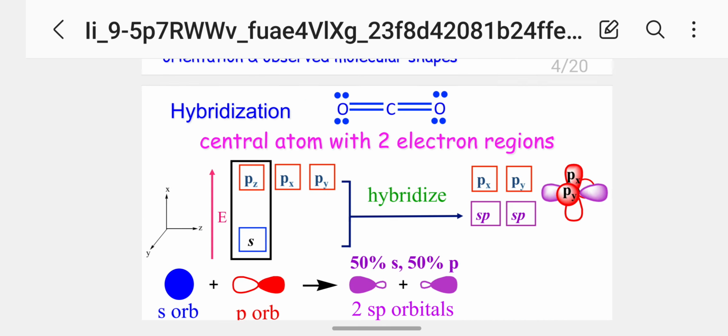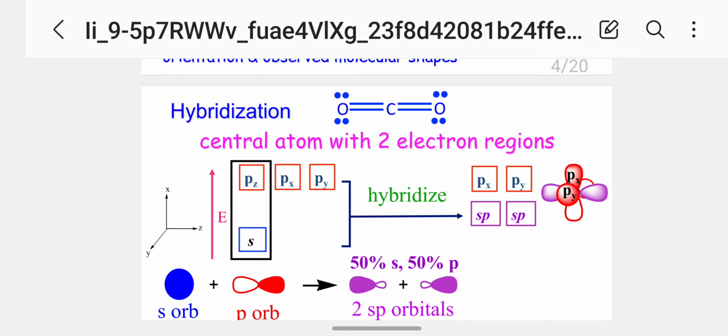So according to hybridization, we have a central atom with 2 electron regions. You can see in the carbon case we have 2 electron regions surrounding carbon, 2 lone pairs.